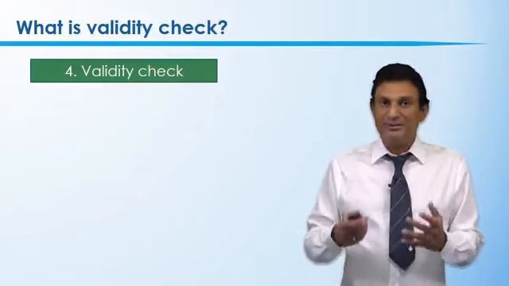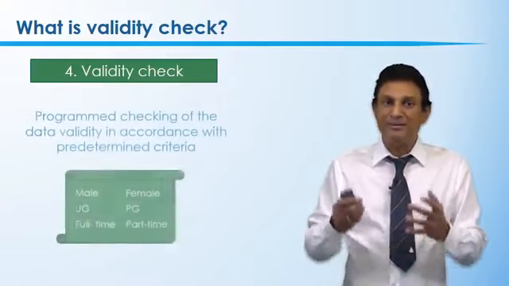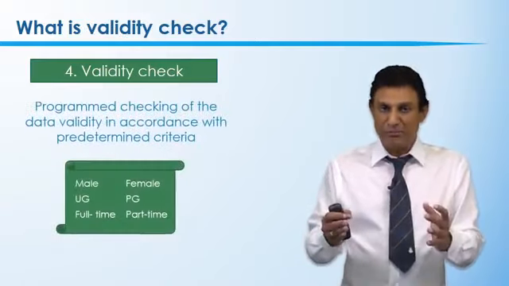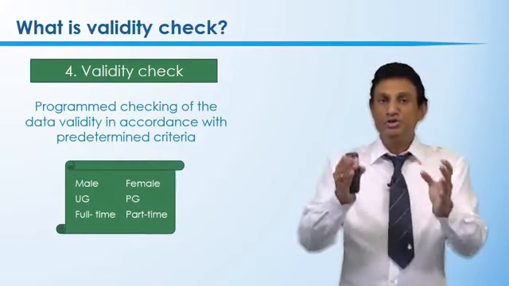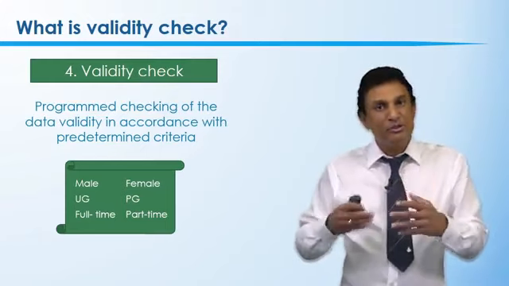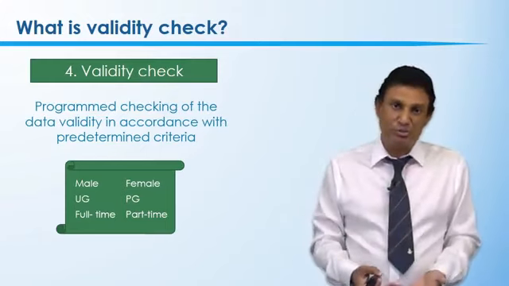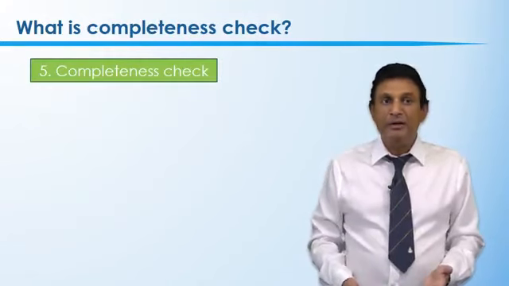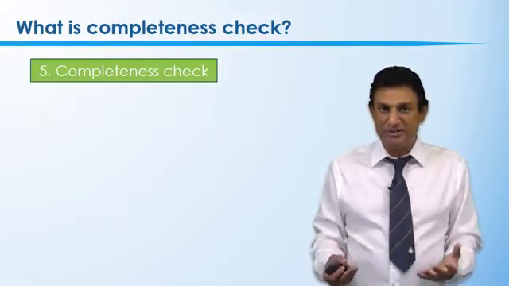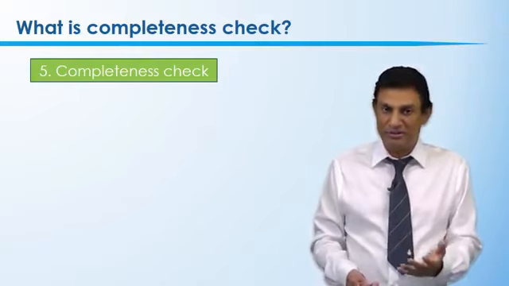Validity check. The system is going to accept only predetermined values. For example, the system will accept male, female, UG, PG, full-time, part-time. Those are the inputs the system is going to accept, right? Now we have something called completeness check. We all experience completeness checks.